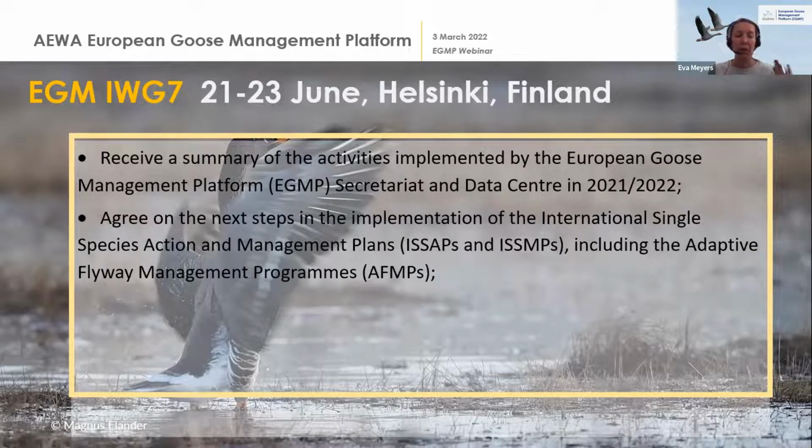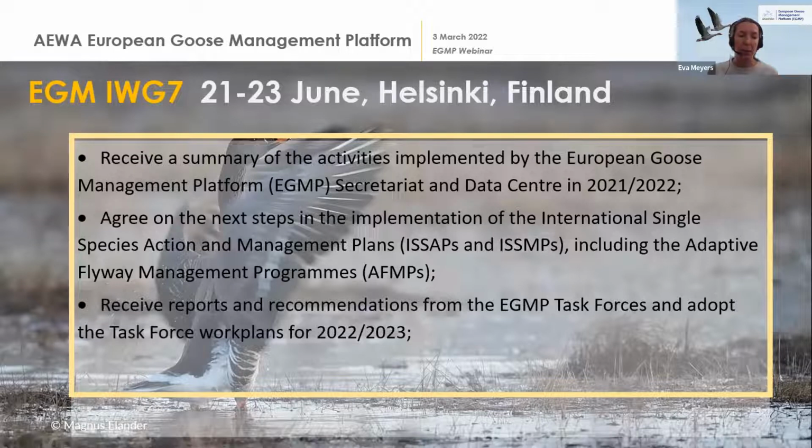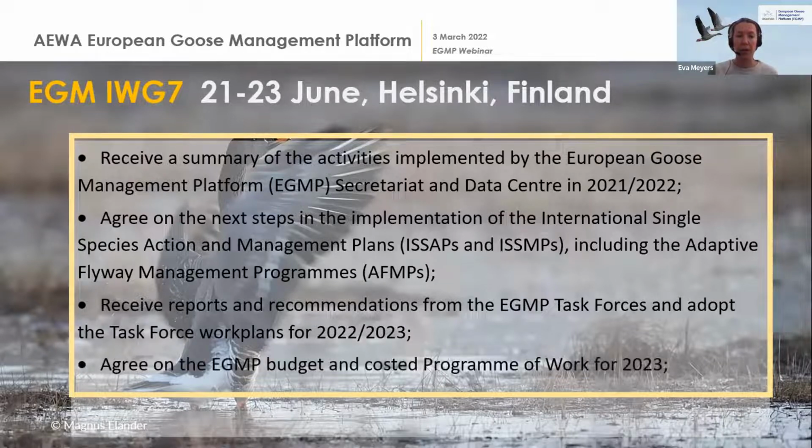So there will be a few documents on the EGMP website regarding this, as well as the reports and recommendations from the task forces, as well as their updated work plans for the next cycle and so for the next year. And finally, also the agreement on the administrative and financial matters, as well as the program of work for the next year.